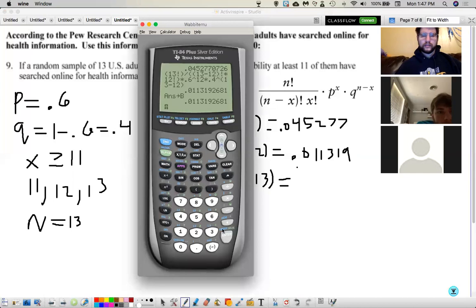Again, second enter a couple times, and I change those 12s to 13. This is why I did this on the TI and not the Casio, because it has a nice second enter button you can use. And we get 0.001306. I'm going to store that to C.